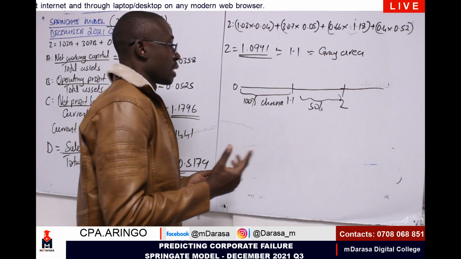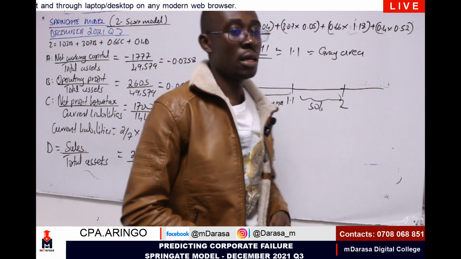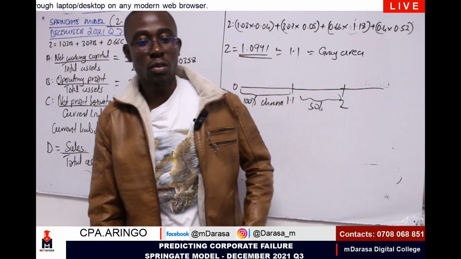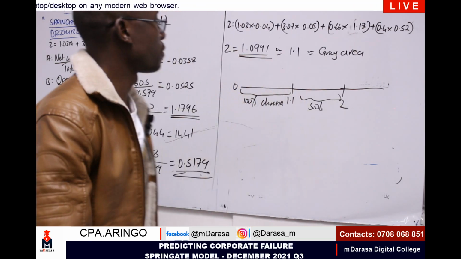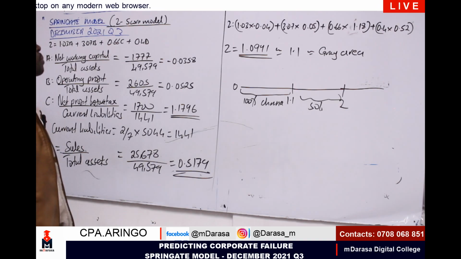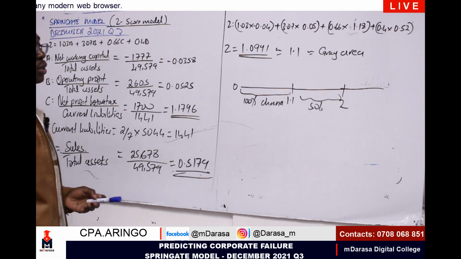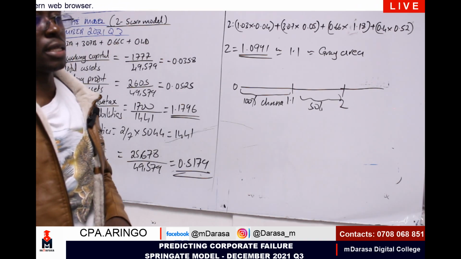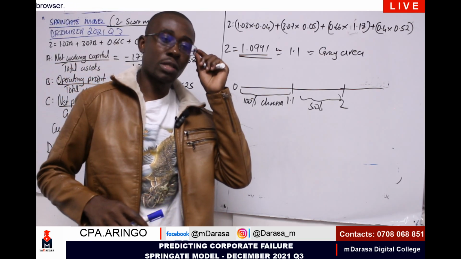So literally there's that 50% chance the company might go to bankruptcy. So that is what we are supposed to do whenever we are dealing with the Springate model.